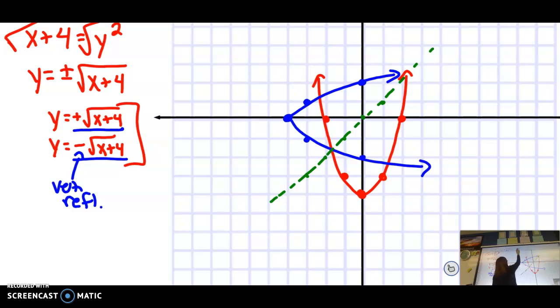And if you're having trouble seeing that, I'll try to highlight what pieces kind of match up. This piece would fold over to this piece. This piece would fold over to this piece. This would fold over to this. So if I were to fold over the green line, that's kind of how the different pieces end up matching up. Okay, one last quick example.